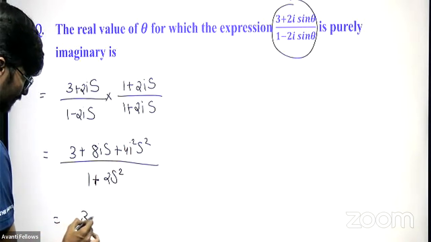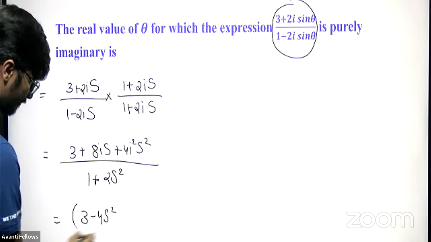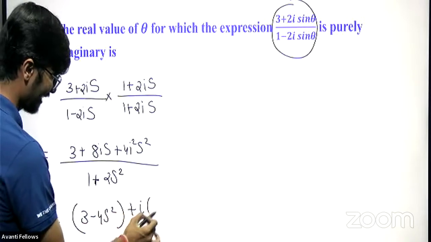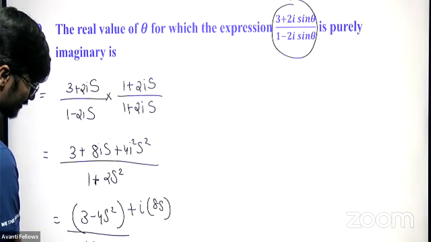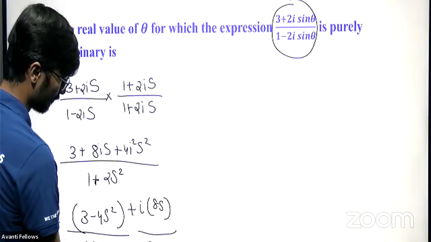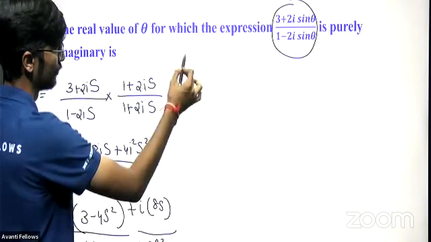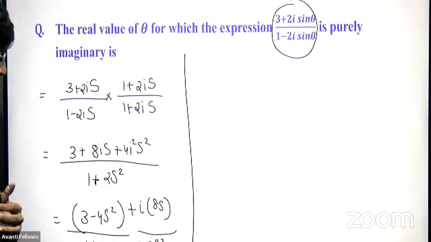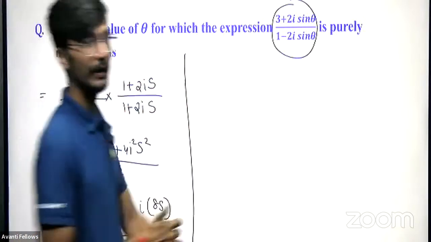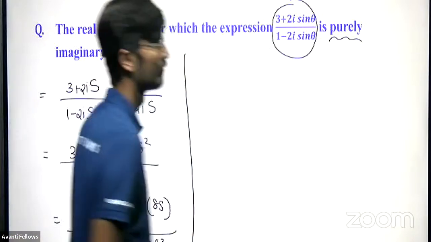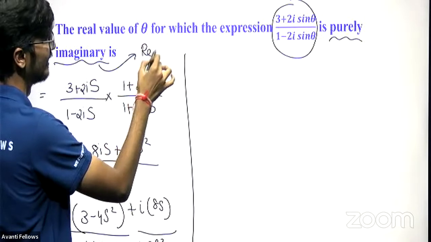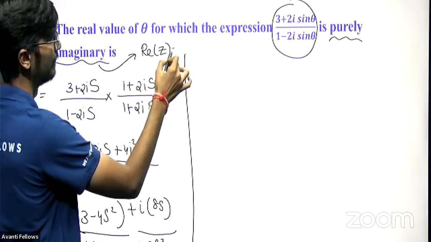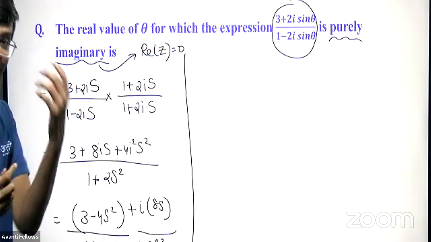Basically, I got (3 minus 4 sine square theta) plus i times 8 sine theta, upon 1 plus 4 sine square theta. What does this mean? Purely imaginary. Purely imaginary means the real part of z will be equal to 0. What is the real part?